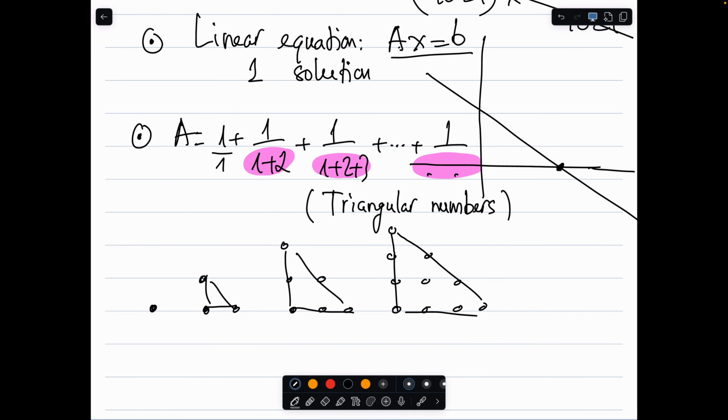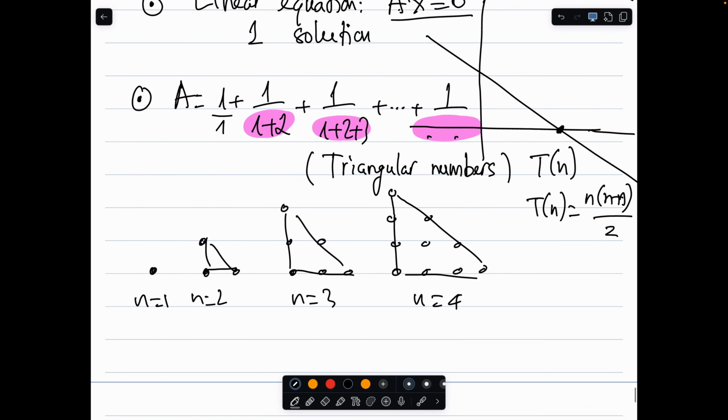They call it Tn, T for triangle, and n is 1, 2, 3 and 4. The formula is n times n plus 1 over 2. If you plug in 4 here, 4 times 5 over 2 is 10.